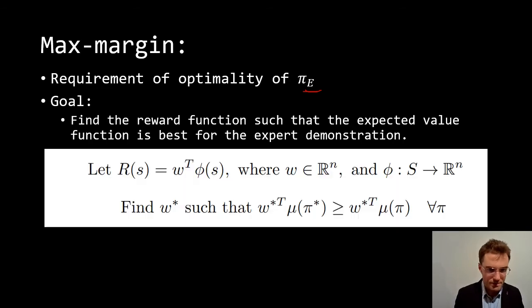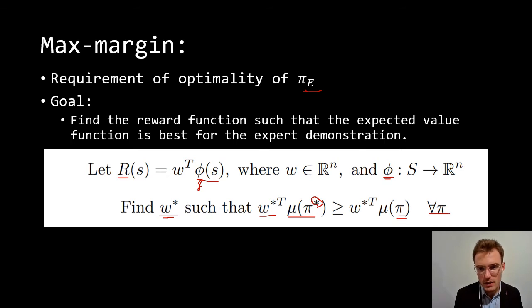To phrase that, we assume a linear combination of features. This is F, this is our W, and this gives us the reward. This was the feature function extractor. The goal is to find a given W such that when you make the product, with mu, then for the expert policy you're better than any candidate.